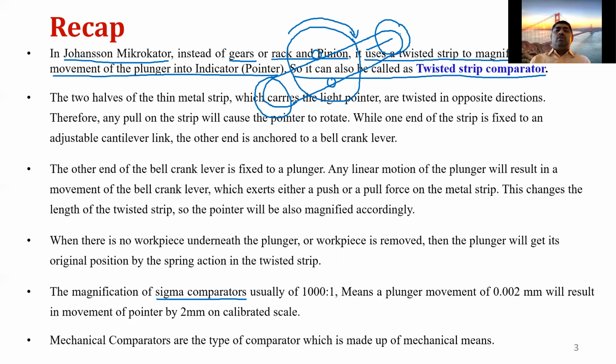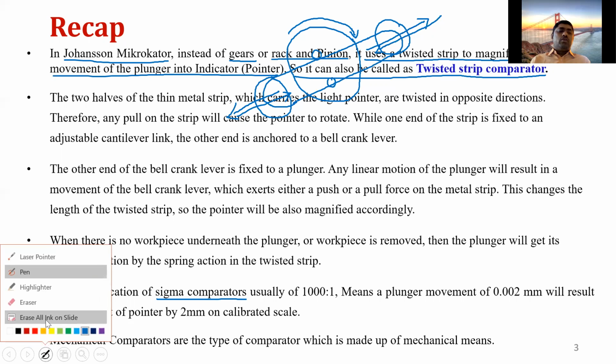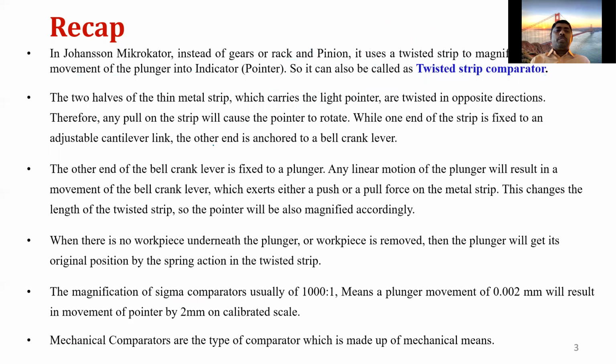If we apply a pull out force, the string unwinds, thereby increasing the speed of the button. Similarly, when we apply a push in force, the string winds, thereby decreasing the speed of the button. On this principle, the Johansson microcator works.